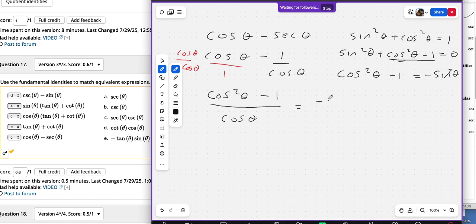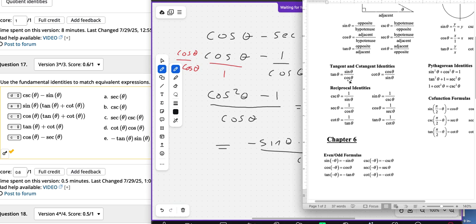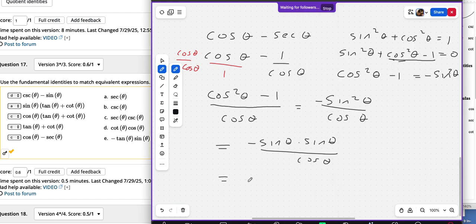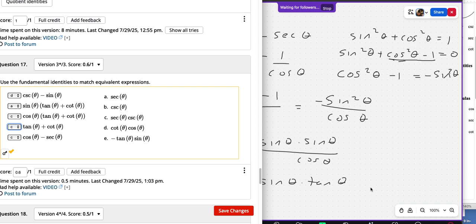So this will be minus sine squared theta over cosine theta, and then like we did before, we can think of that as minus sine theta times sine theta over cos theta, and then sine theta over cosine theta is tangent, so it will be negative sine theta times tangent theta. And that's how they got that negative sign.